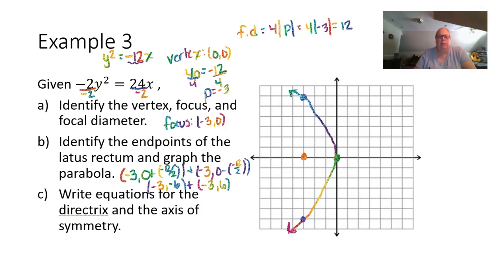Part C, write equations for the directrix and the axis of symmetry. Remember I told you the thing about the directrix is it should be located exactly the same number of units away from the vertex as the focus. And the distance from our focus to the vertex here is 3, which means that the distance from the vertex to the directrix should also be 3.